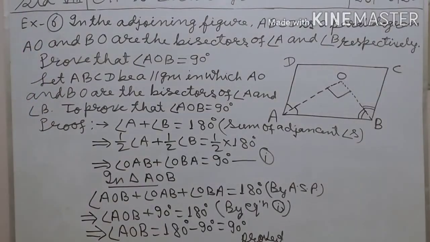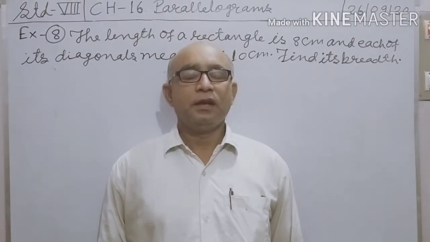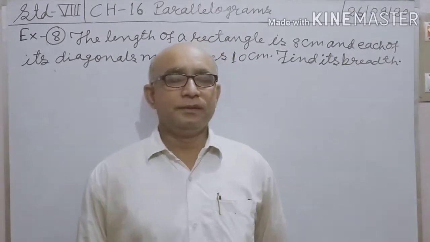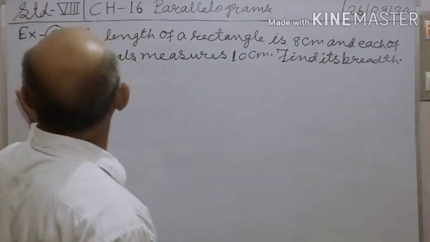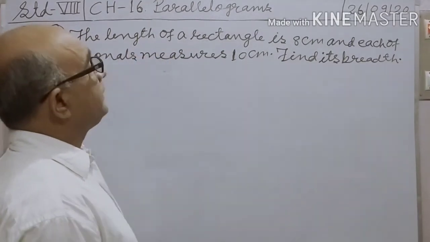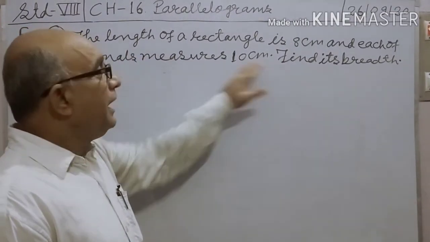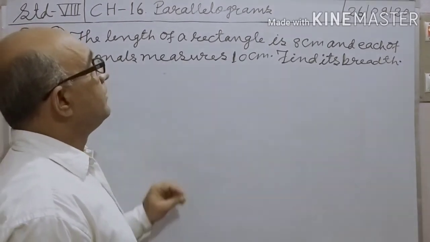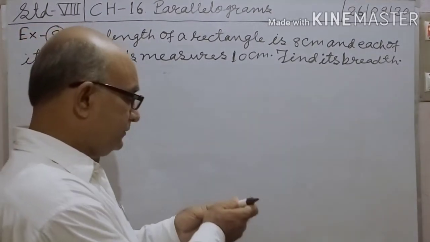Understand and write it. Students, next, and it is today's last question. Question number 8, example 8. The length of a rectangle is 8 cm and each of its diagonals measures 10 cm. Find its breadth.